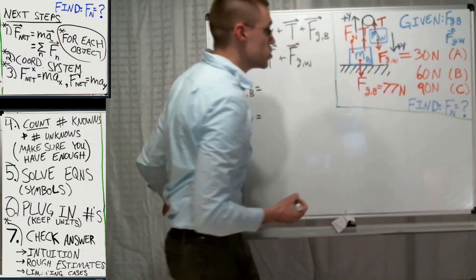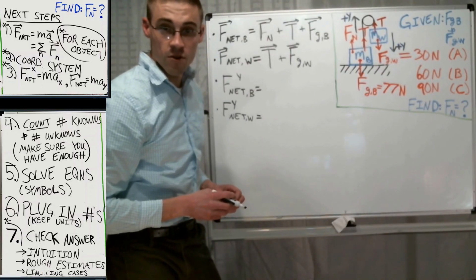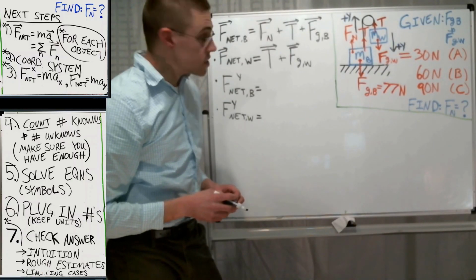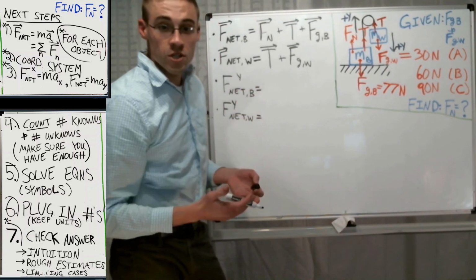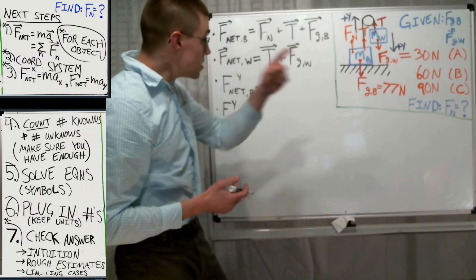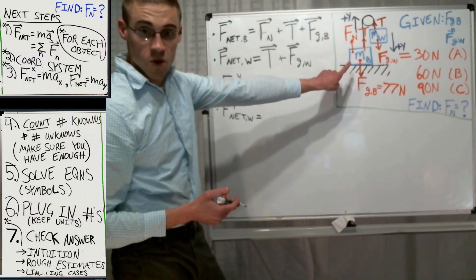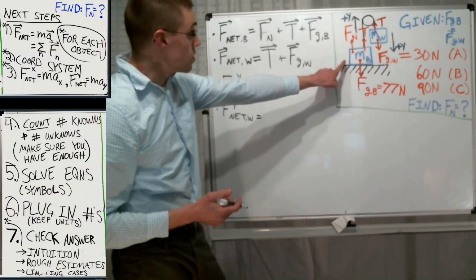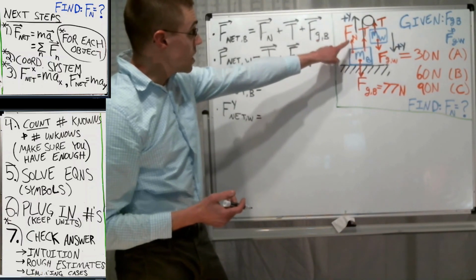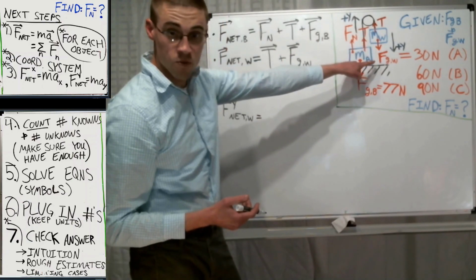Now, why did I choose them to be pointing in different directions? The reason is that I'm setting things up based on my intuition. I know these two objects are tethered together, which means they're going to have the same acceleration. If MB accelerates up, MW is going to accelerate down.